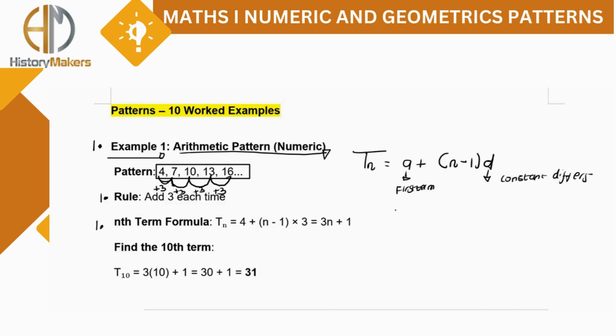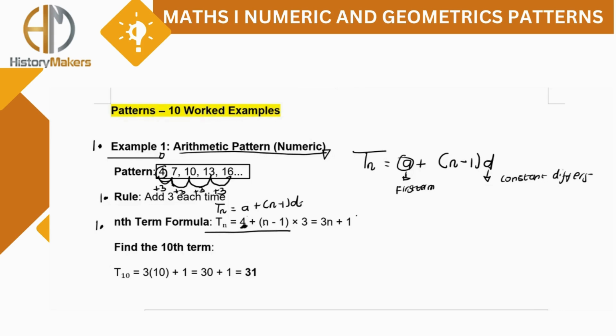So here is how we are going to find the nth term. We are going to do this from our original equation. Our first term was 4, which is our a. We put 4 here.